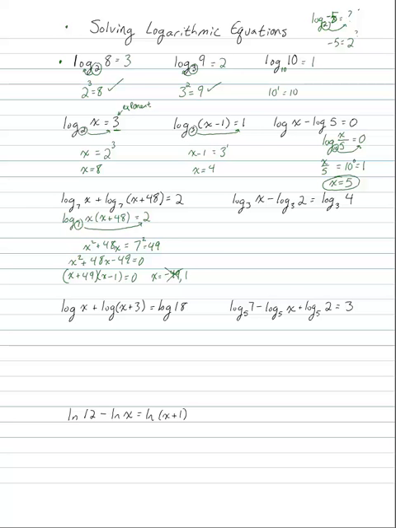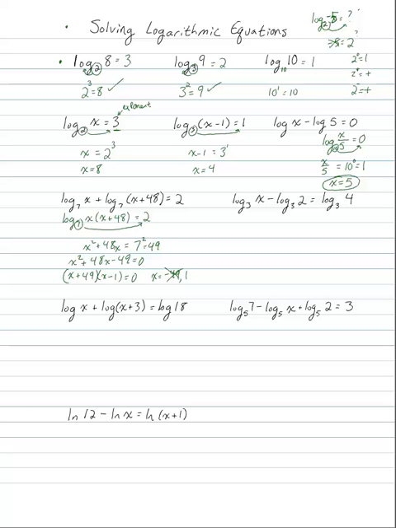If I put a positive number, like a 1, 2, 3, or 4, I would get positive numbers, so 2 to positive would give me positive numbers. If I put in negative numbers, what do negative exponents do? They just flip it over the fraction bar, but they don't change the sign. Like 2 to the negative 1 would be 1/2. 2 to the negative 2 would be 1 over 2 squared. So I would still get positive numbers. There's no way for me to get a negative number inside a logarithm.